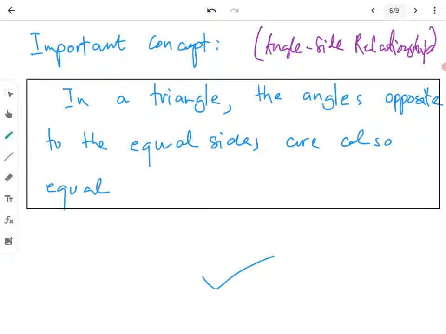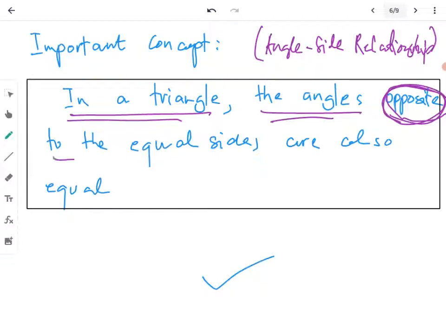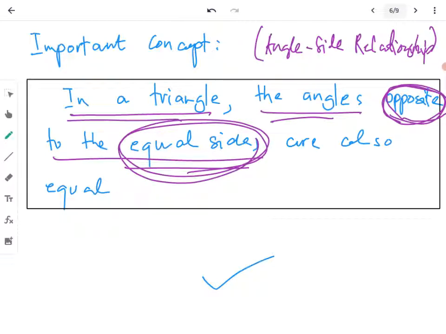So this concept says, in a triangle, the angles opposite, take note of the opposite, to the equal sides, meaning if there are equal sides in a triangle, the angles opposite to them are also equal.